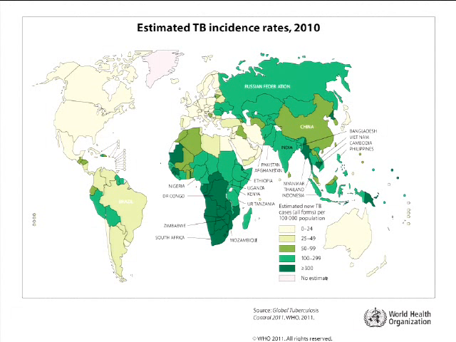So this should start clicking now that we have pretty low incidence, but people that come to the United States, especially from these countries, have a high risk of bringing it with them. Now, many of these countries vaccinate against TB, so if someone here was born in one of these countries, they may have been vaccinated against TB.